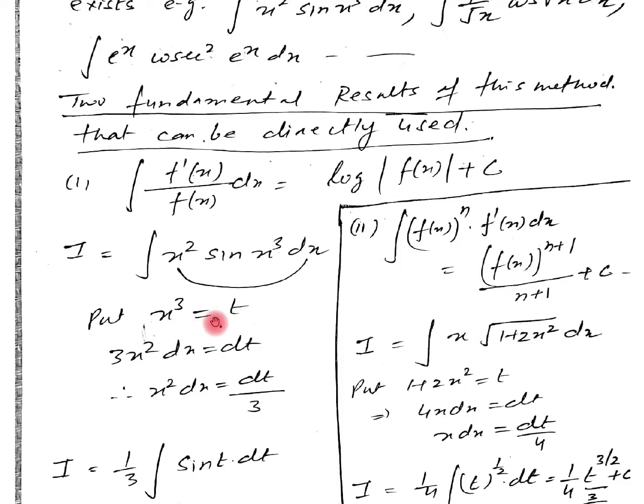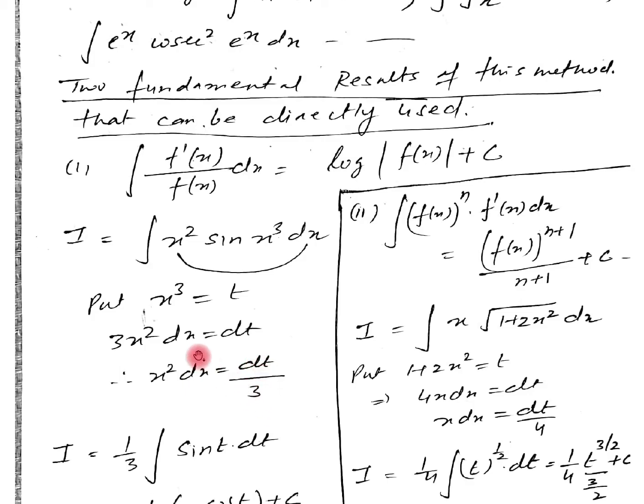When I put x cube equal to t, differentiating both sides, I am going to change the variable. If the variable changes, then the derivative will also change. Putting x cube equal to t, differentiating both sides, 3x square dx equals dt. This implies x square dx equals dt by 3.